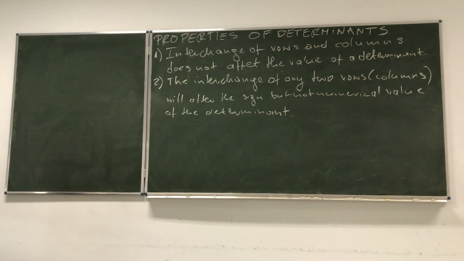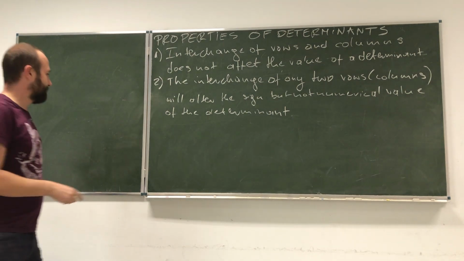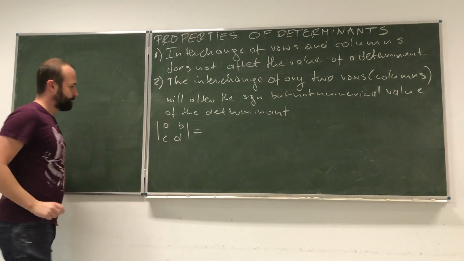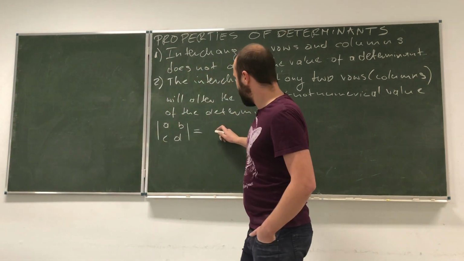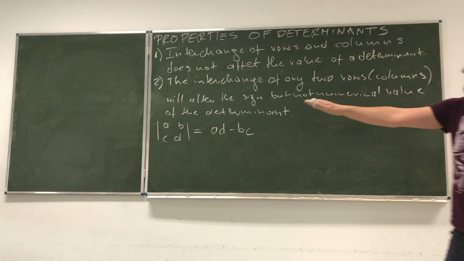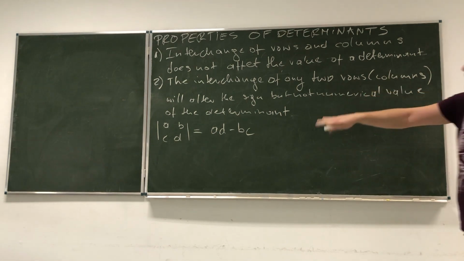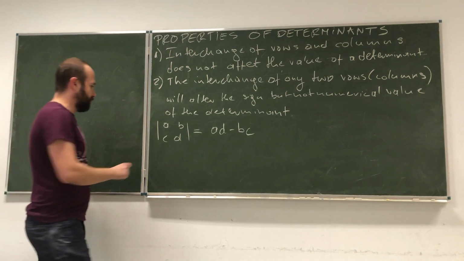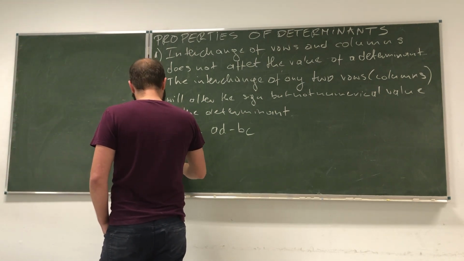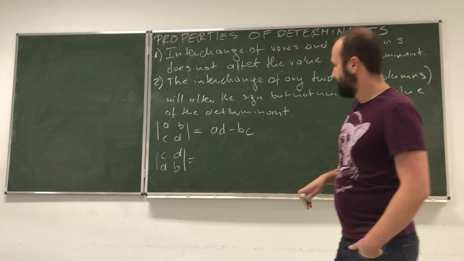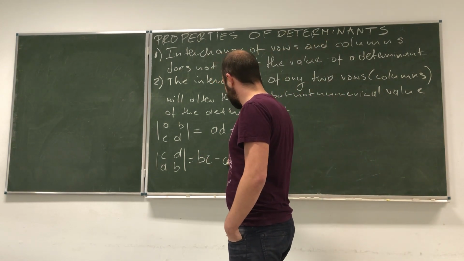Okay, let me again show you how this property works. Again, we can start with determinant A, B, C, D. And look, we know, of course, that this is AD minus BC, right? But what if I'm going to take and switch the rows over here. So I'm going to have C, D, A, B. Okay, if I'm going to multiply this, I'm going to get BC minus AD.